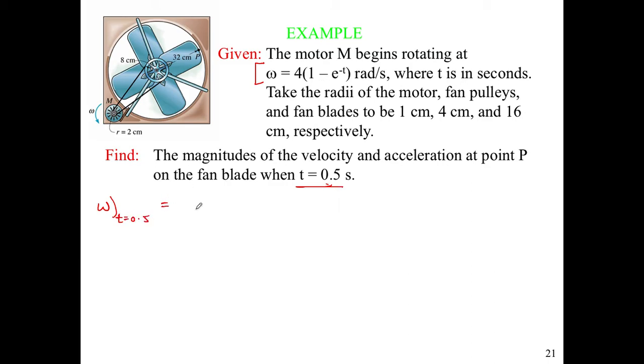So substituting things in, I have 4 into 1 minus e to the minus 0.5, or that is going to be equal to what? 1.57. 1.57. Very good. And that is radians per second anticlockwise as it's drawn here. ठीक है जी.